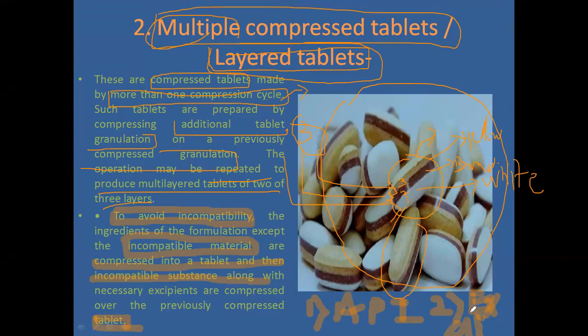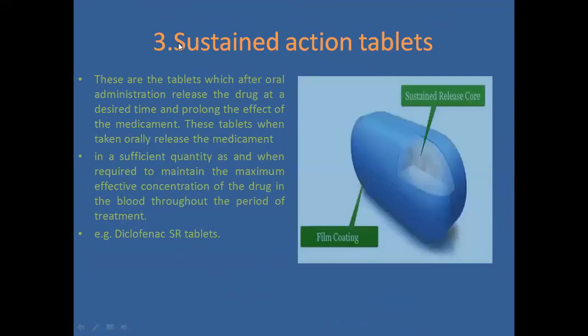So the other drug which is incompatible with your first API will be mixed with the help of suitable excipients, and then you will go for the next compression cycle. So this is how multiple compressed tablets or layer tablets are prepared, so that you can avoid the incompatibility of the drugs. I hope this point is clear to everyone.